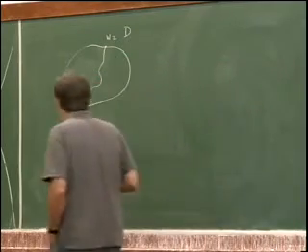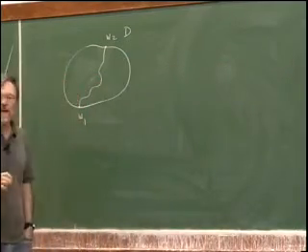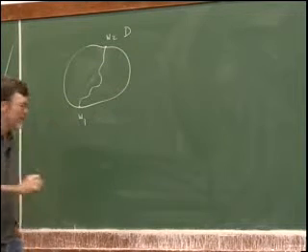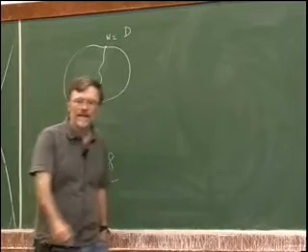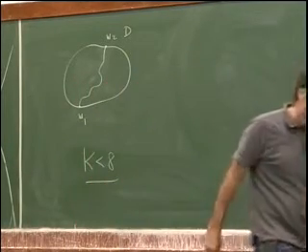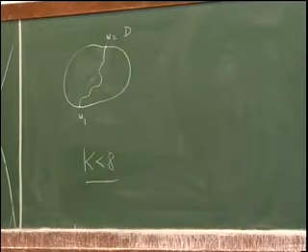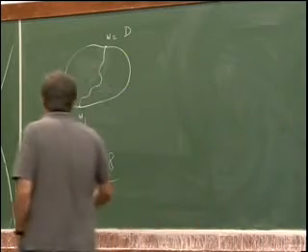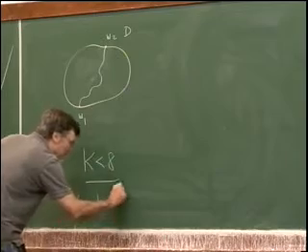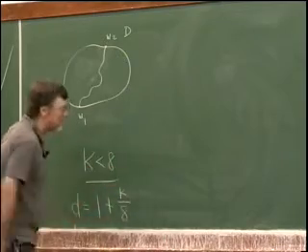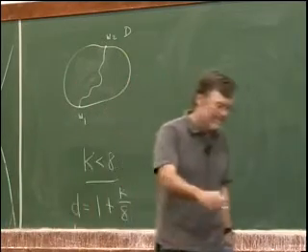For everything I do today, my pictures will tend to be kappa less than or equal to 4, but everything I say is relevant to kappa less than 8. And maybe I should remind you that the fractal dimension, the Hausdorff dimension of the paths, is 1 plus kappa over 8, and I'll call that d.